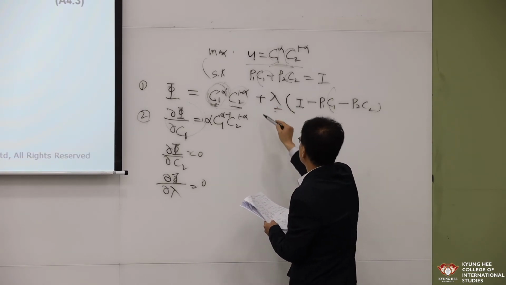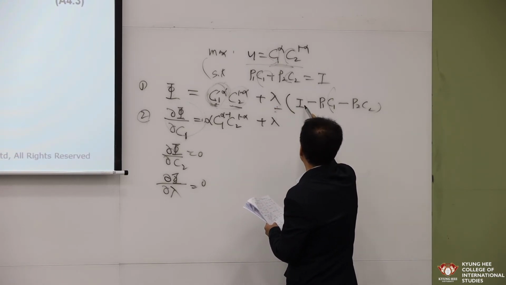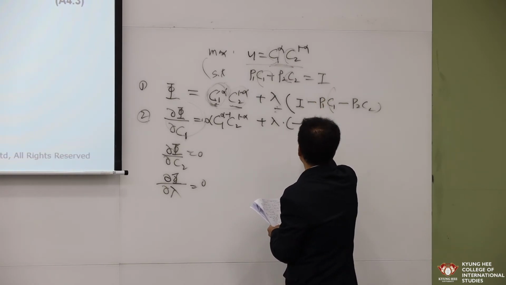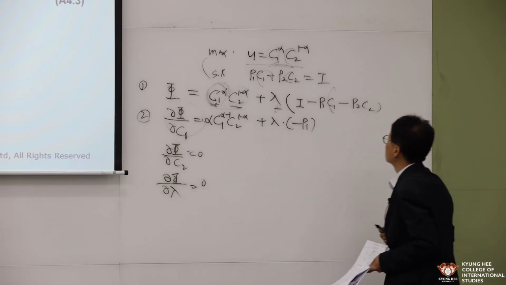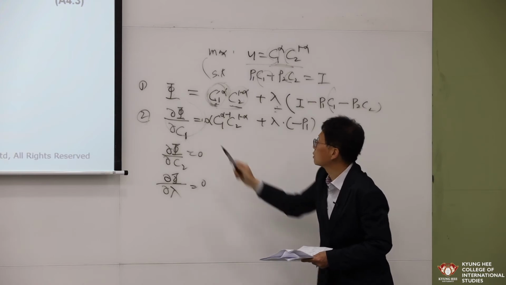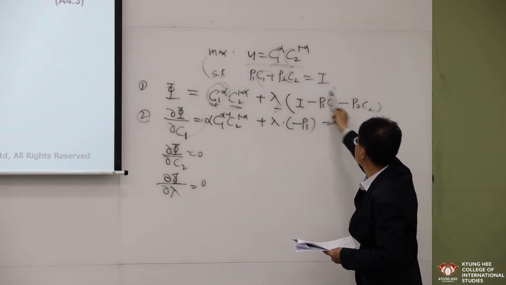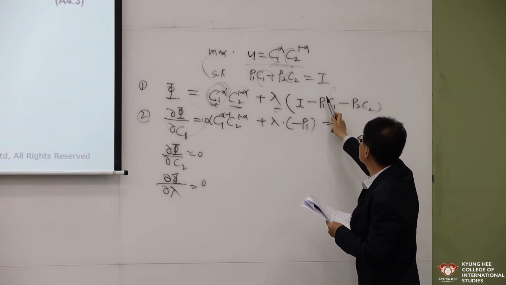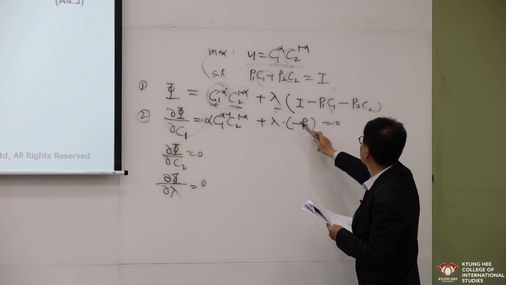So plus lambda multiplied by this one, which disappeared, only minus P1 is left. This should be equal to 0. The partial derivative of this one with respect to C1, this is the only variable, so this one is left.